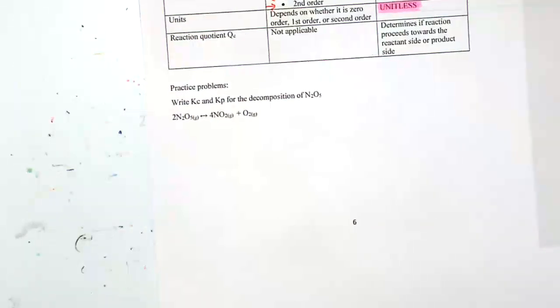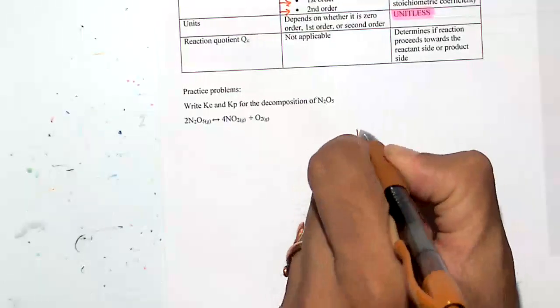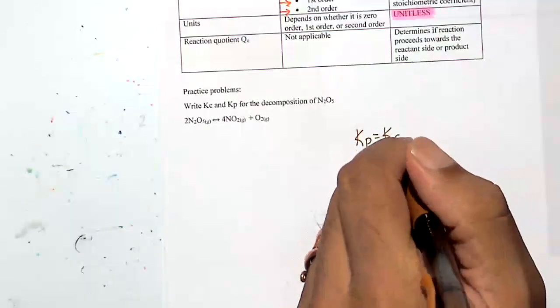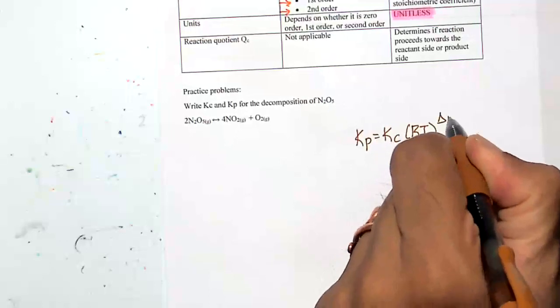Kc and Kp for the decomposition of N2O5. I'll give you this equation on the exam, so don't worry. Kp is equal to Kc times RT, and that RT is raised to the power of delta n.